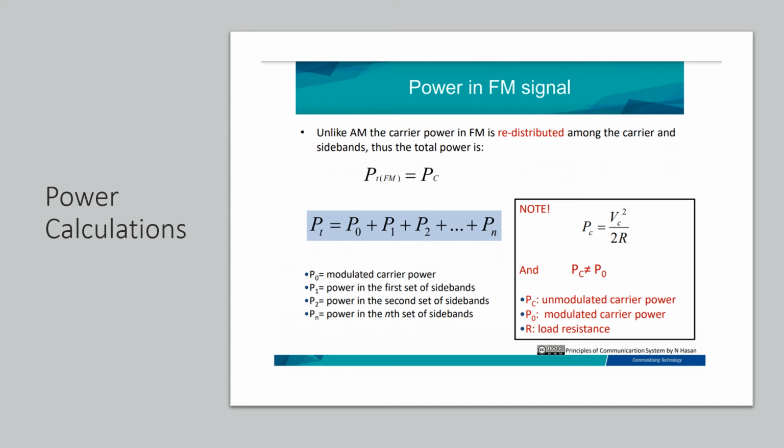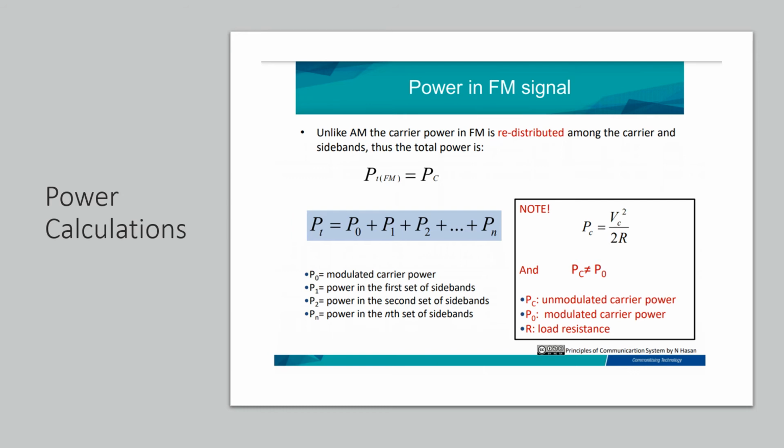So, power calculations in an FM signal. Unlike AM, the carrier power of FM is redistributed among the carrier and sidebands. Thus, the total power P sub T of FM is equal to the summation of the power from P sub 0 up to P sub n, wherein P sub 0 is the modulated carrier power, P sub 1 is the power in the first set of sidebands, P sub 2 is the power in the second set, while P sub n is the power in the nth set of sidebands.